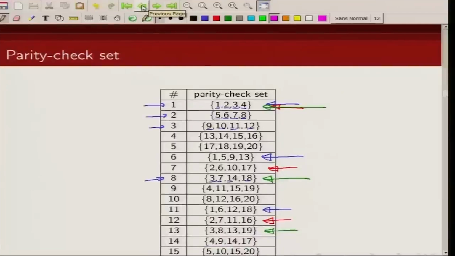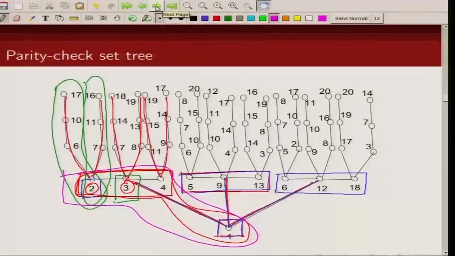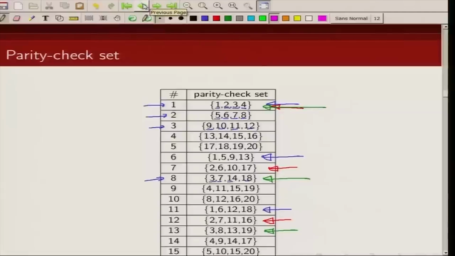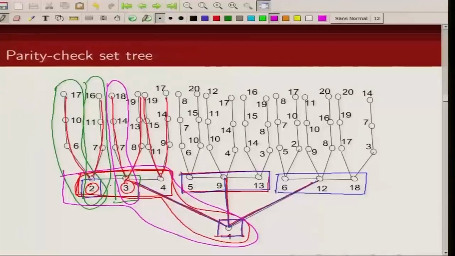The one involving 3, 7, 14 and 18, that is this one. And the other one is 3, 8, 13 and 19. So, we are basically connecting by edges all these parity check sets. That is how we are representing the parity check set tree.